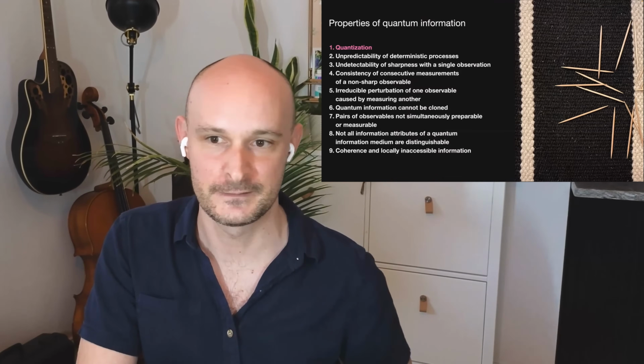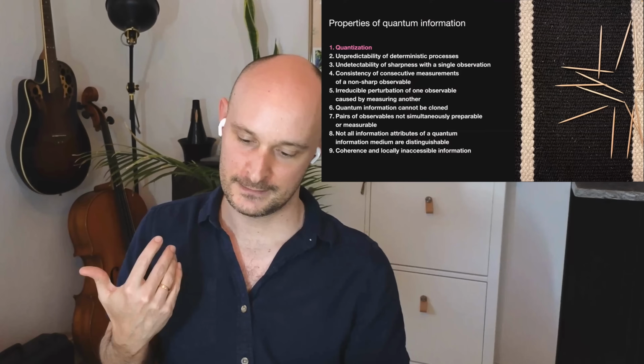I studied quantum information for a few years after school, and it took me a long time to come across a concrete explanation that really put a finger on it: what is quantum information? It took me until I found Chiara's book to say, oh, I get it. Counterfactuals, but weirder. And the weirdness is this concept of sharpness. This is just a little artistic thing I did: counterfactual statement, but about sharpness.